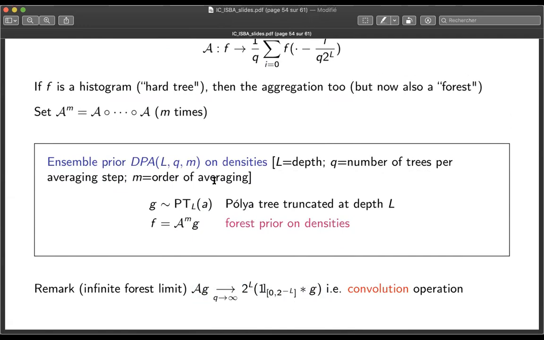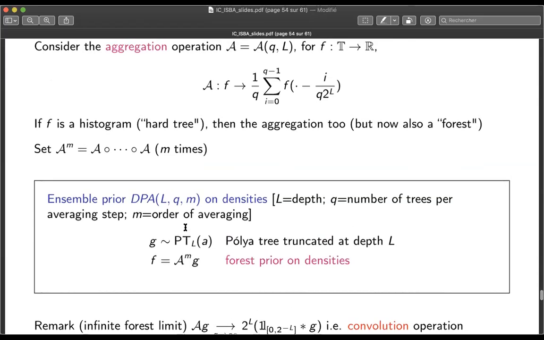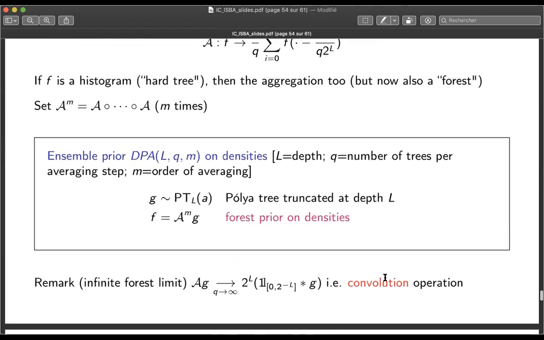Depending on the order of averaging in this forest, so how much you iterate this aggregation operation, it will give you a spline of order m, or m plus 1. That's studied in Thibaut's paper. He also has what is called a CPA prior, where it's a continuous limit in the infinite forest, and then you have really an explicit link to splines.